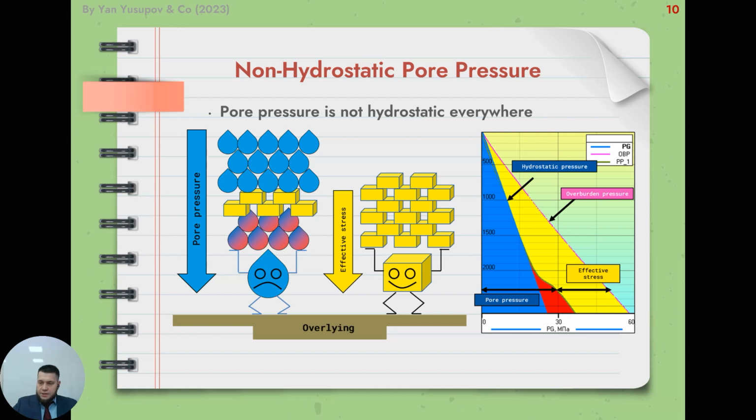Pore pressure varies from hydrostatic to severe overpressure, which can be more than 2 times hydrostatic pressure in a subsurface formation. Also, overpressures exist in many geological basins in the world.